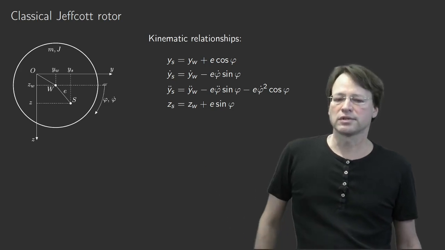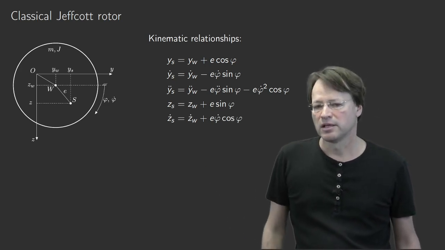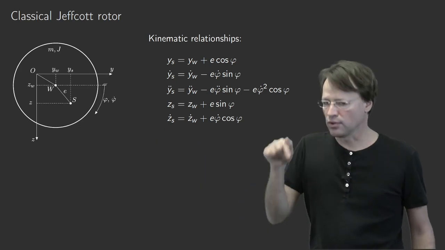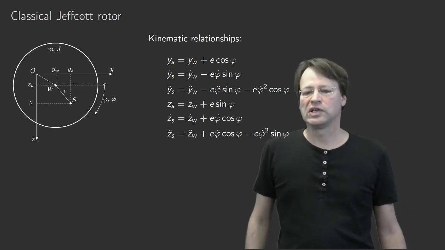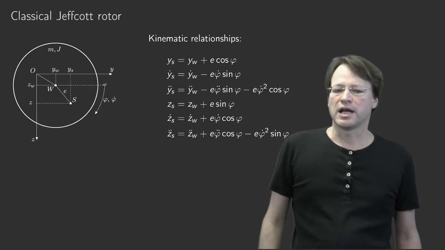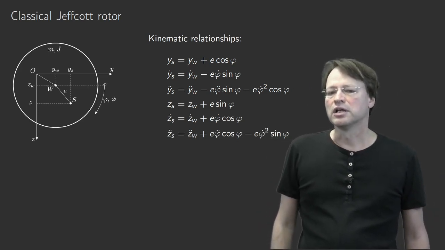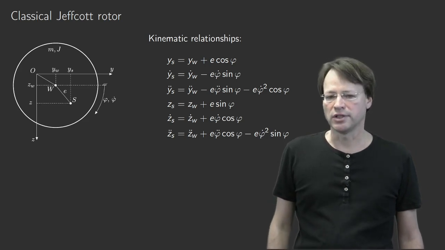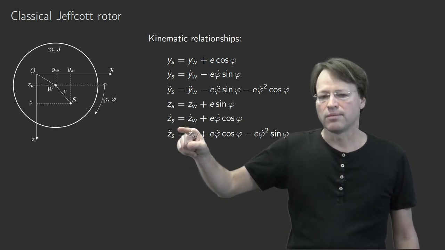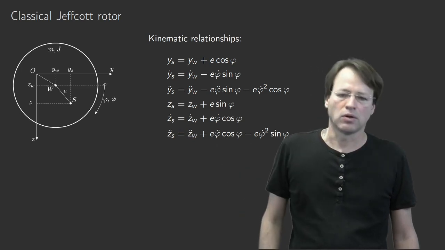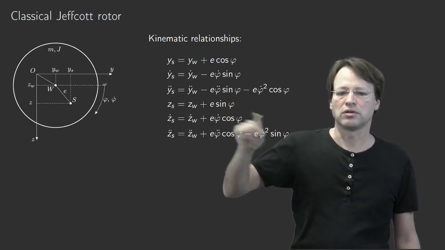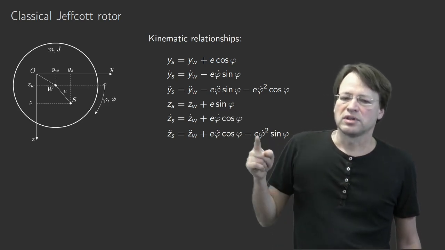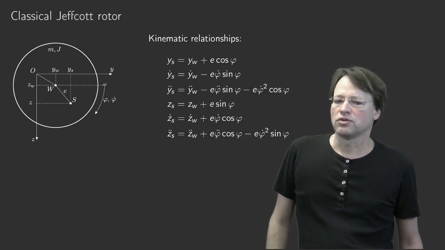We also take the first and the second derivative here, leading to the velocity of that point S in vertical direction, and finally leading to the acceleration that we need in the representation of the inertia part of our equation of motion. So there we have the second derivative, and also here don't forget that the angle phi depends on time. Now we insert these equations into the equation of motion.